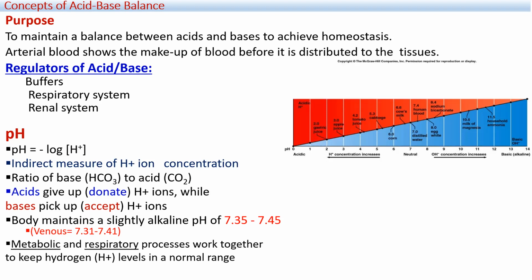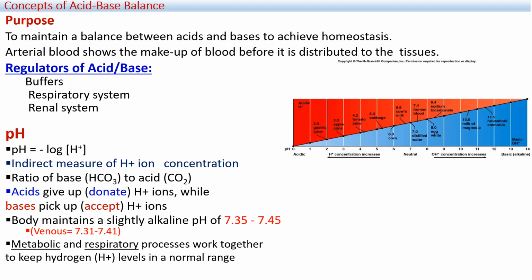And we provided several examples of that, and we recommended that students practice more problems of these ABGs to be able to master the process of analyzing the arterial blood gases.